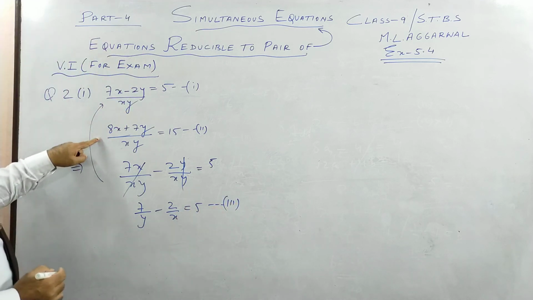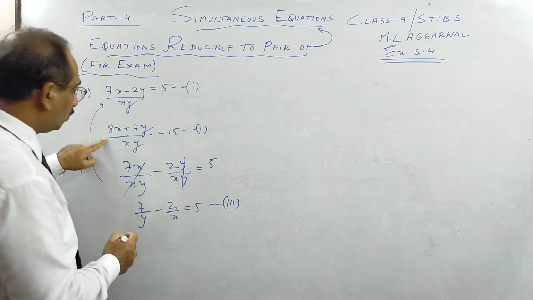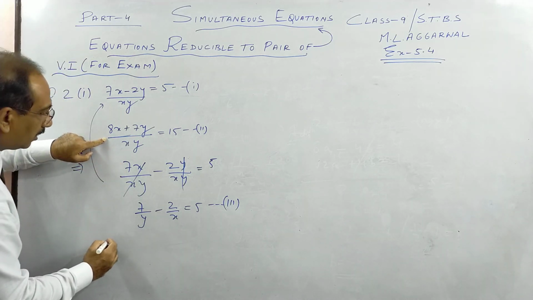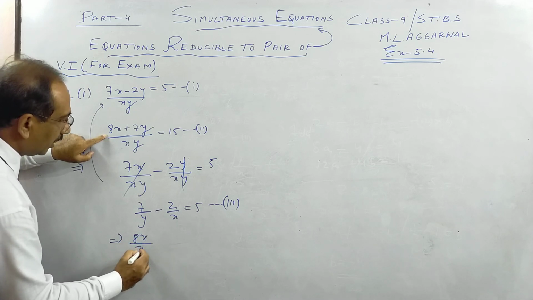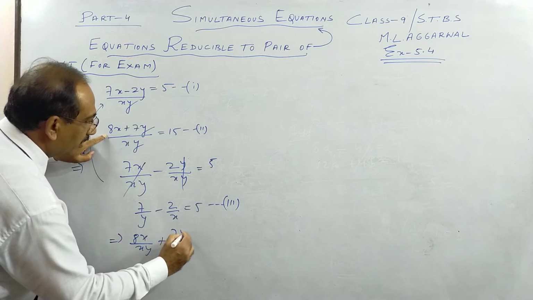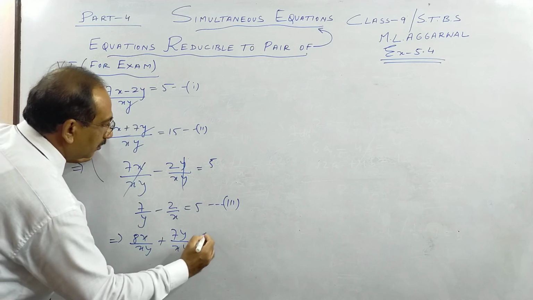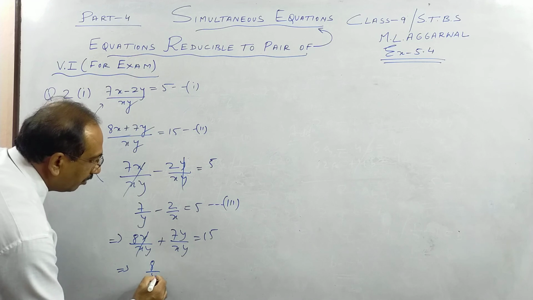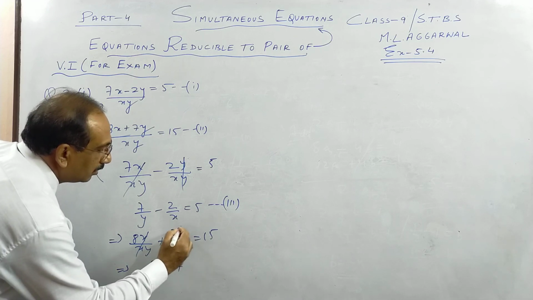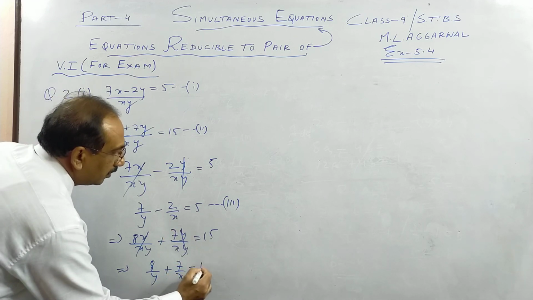Now from equation 2 if I do the same way, children, we will get 8x by xy plus 7y by xy is equal to 15. So I get 8 by y plus 7 by x is equal to 15.